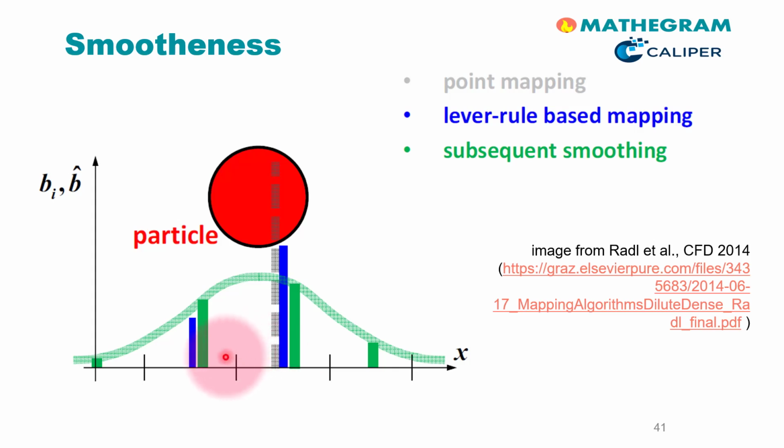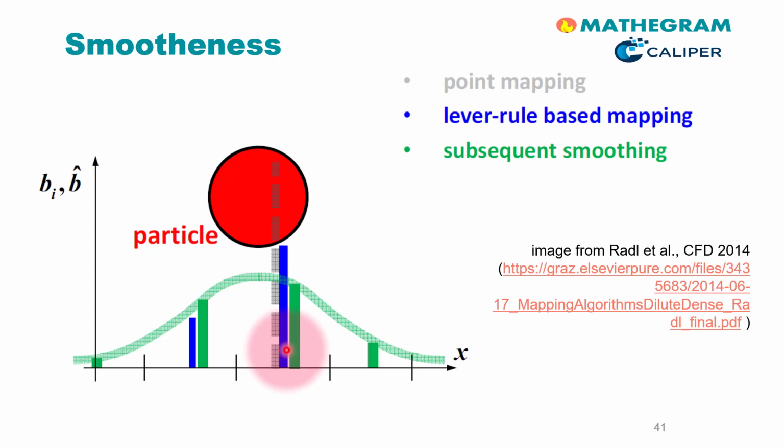The simplest mapping would be a point mapping, meaning that the full particle information would be transferred to the nearest center of the CFD cell. As illustrated in gray, this would be the CFD cell right of the particle. As you can imagine, this would be a totally non-smooth mapping and hence should be avoided.